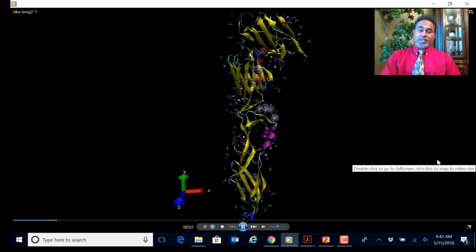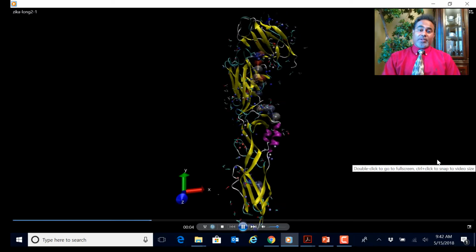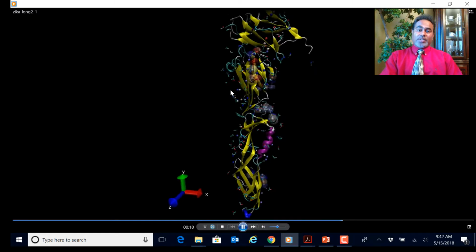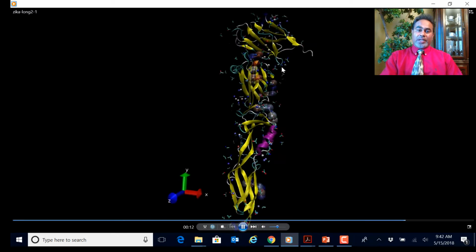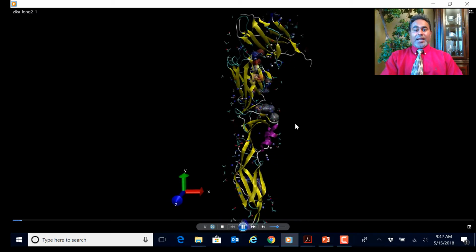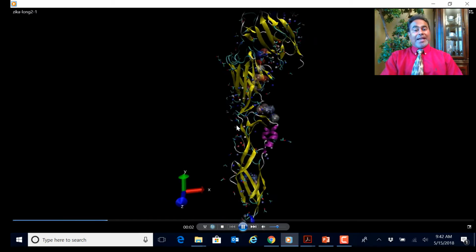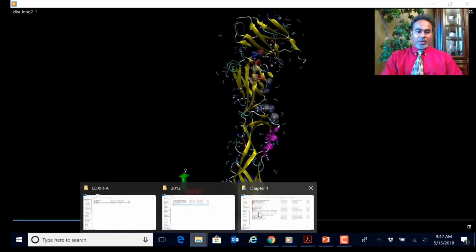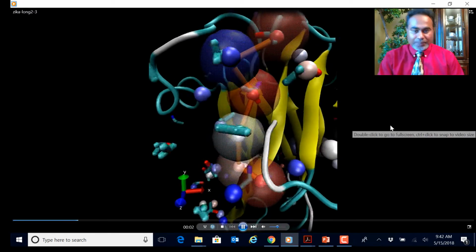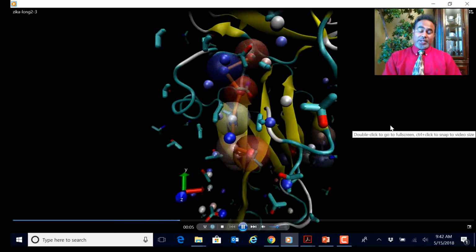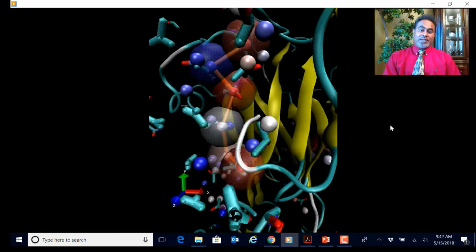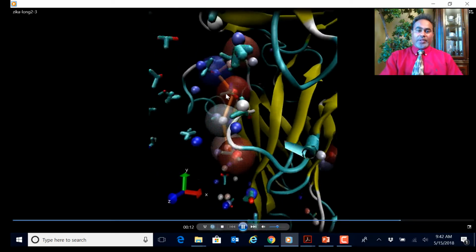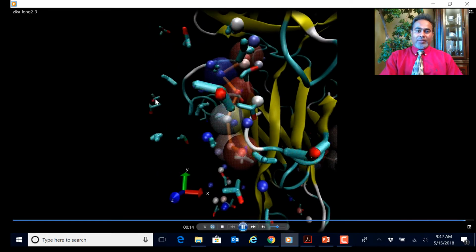Another example I wanted to show you is using the principles of chemical thermodynamics, in this case on a Zika virus protein. The tiny molecules that you see impinging and interacting with the protein are tiny biomolecules that would potentially act as drugs. If you look at a close-up, this is an active site of the Zika virus envelope protein, and these tiny molecules are interacting with the active site.